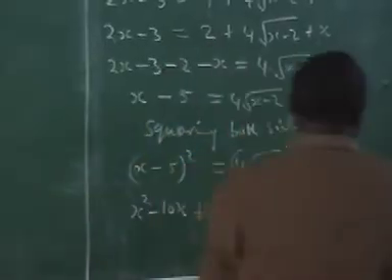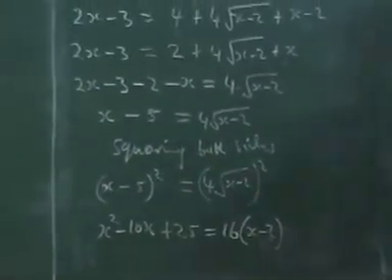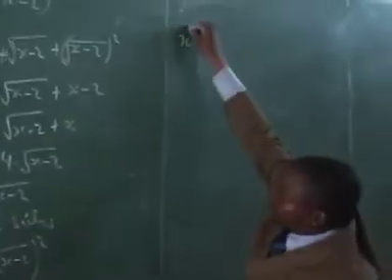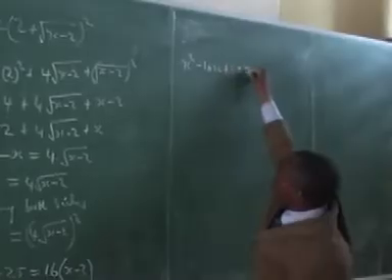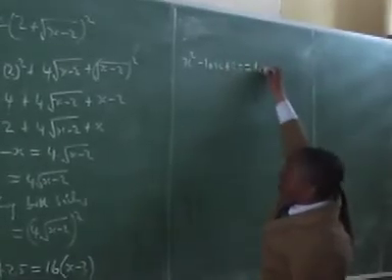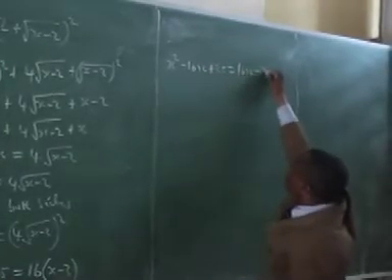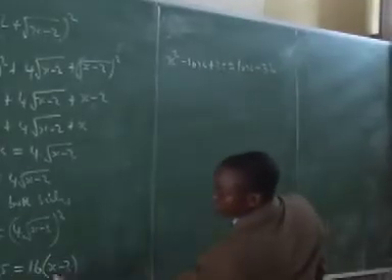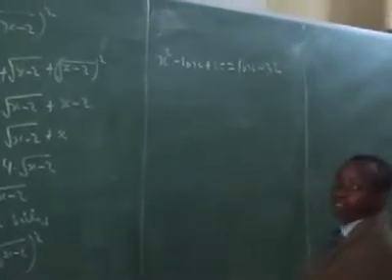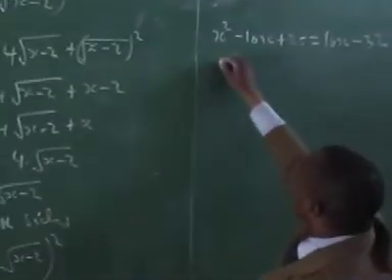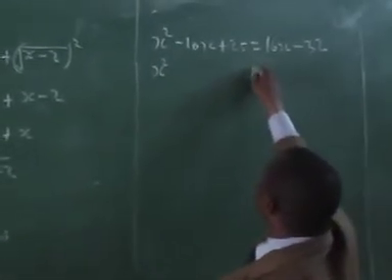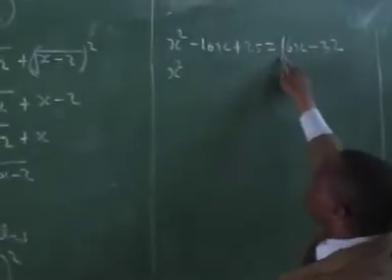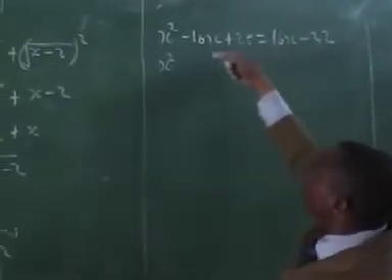Now if that is done, we also have that x squared minus 10x plus 25 will be equal to 16x minus 32. That is using this 16 times this, using this 16 times this. The next step we are going to take is to collect terms on the left with x squared. Now this one here is 16x, so we can bring it inside.